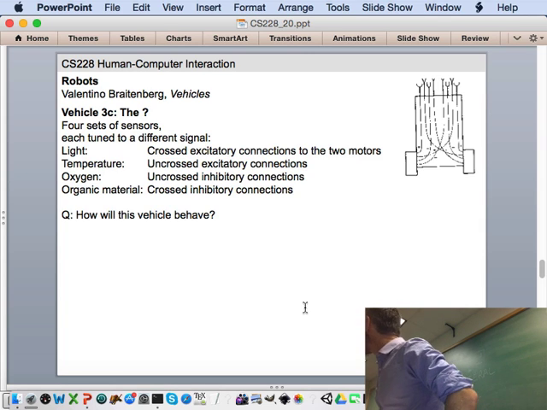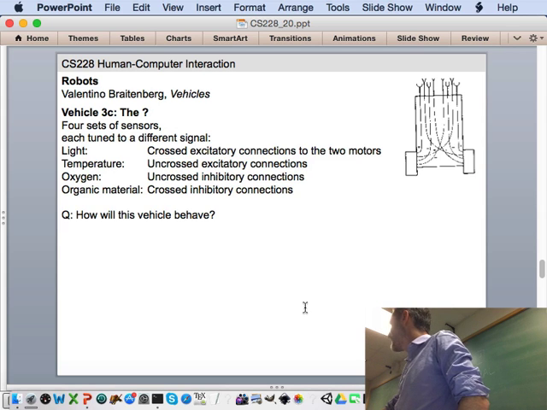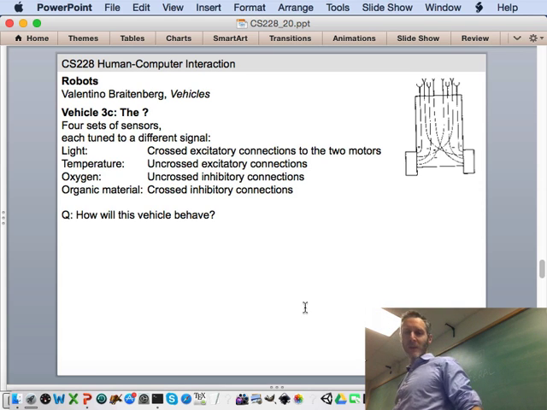And in the case of light, we have crossed excitatory connections. In the case of temperature, we have uncrossed excitatory connections. The oxygen detectors, we have uncrossed inhibitory connections. And in the organic material sensor pair, we have crossed inhibitory connections. So at each motor, if you look carefully, there should be 1, 2, 3, 4 arriving wires.